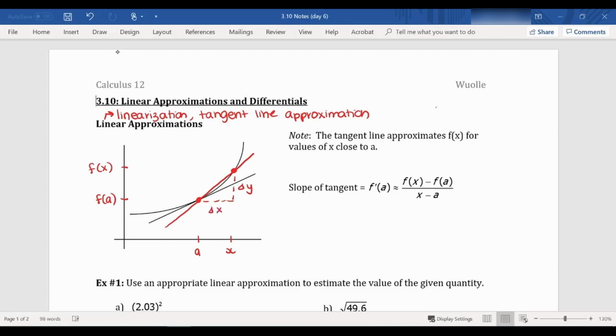And as x gets closer and closer to a, this gets very close to being the same as the slope of the tangent line. And the slope of the tangent line we know is f prime of a. So that gives us our little equation here.